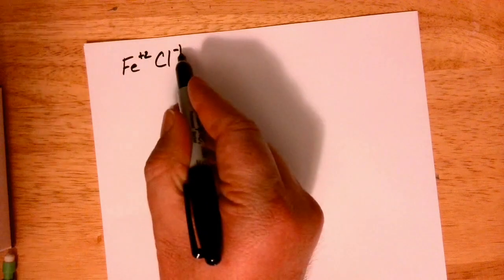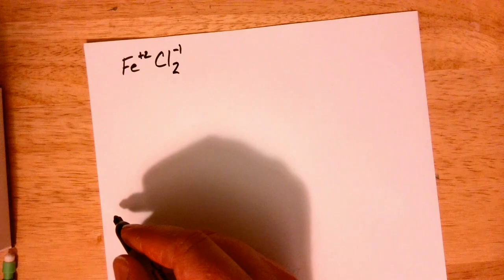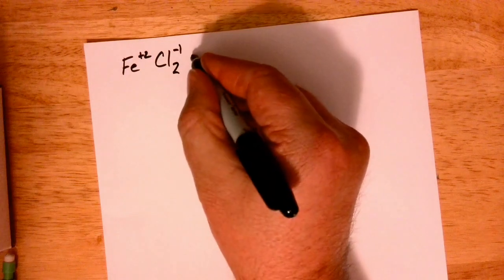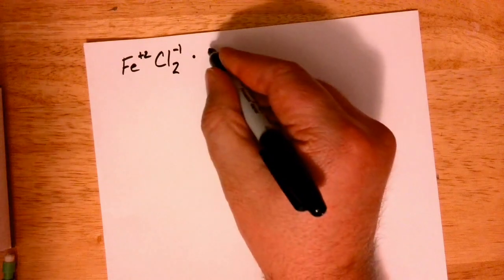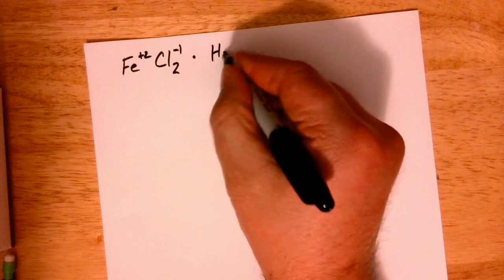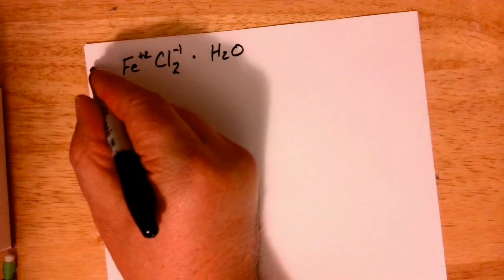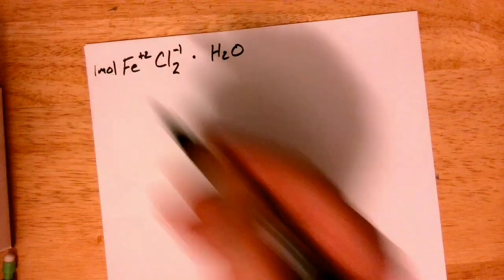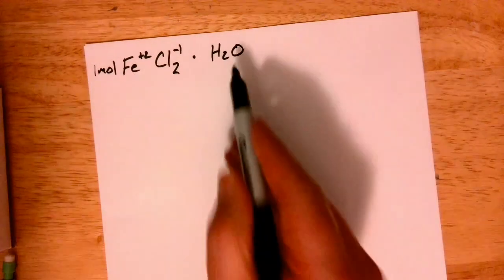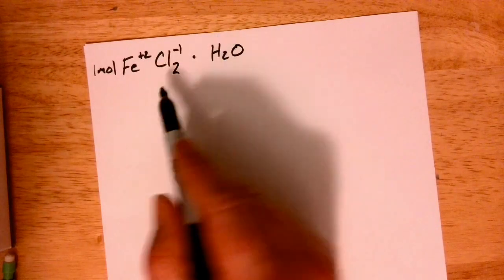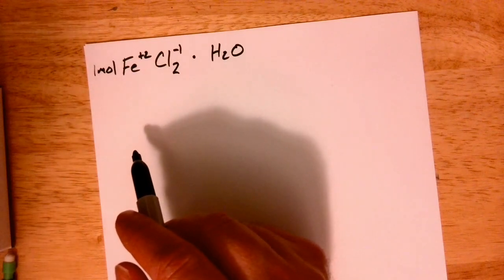Positive 2 and negative 1, so you need 2 chlorides. Monohydrate, mono means 1, so you don't write 1s down. Hydrate is water, H2O. So, if you were to have 1 mole of ferrous chloride monohydrate, what is the formula weight of this whole thing? Solve this just like the previous one using the magnesium sulfate heptahydrate.